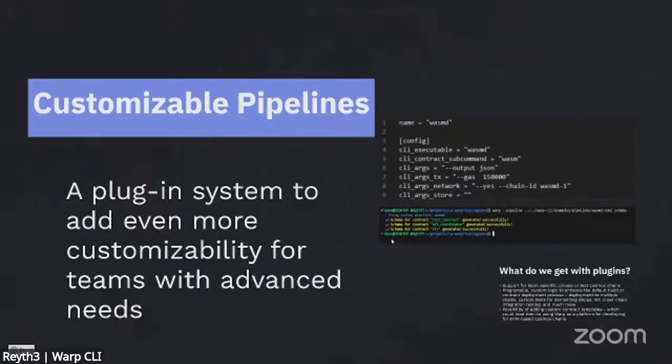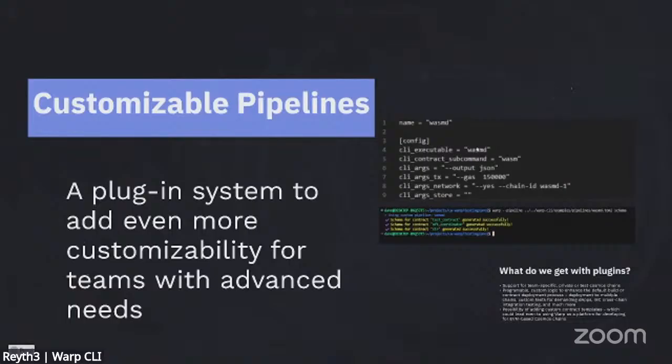So for example, if there is something that you need to customize, for example, for a very specific chain that you're working on, or you have some proprietary private chains that you have to deploy to, and those are not supported by the main Warp ecosystem, that's what you would use a custom plugin for.